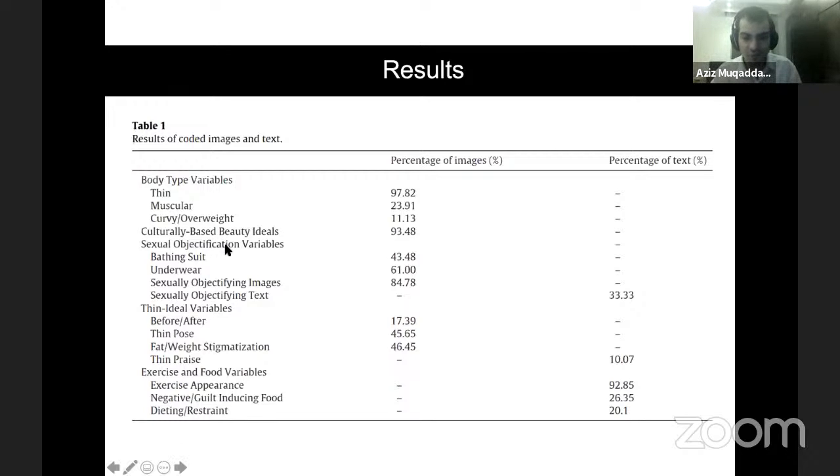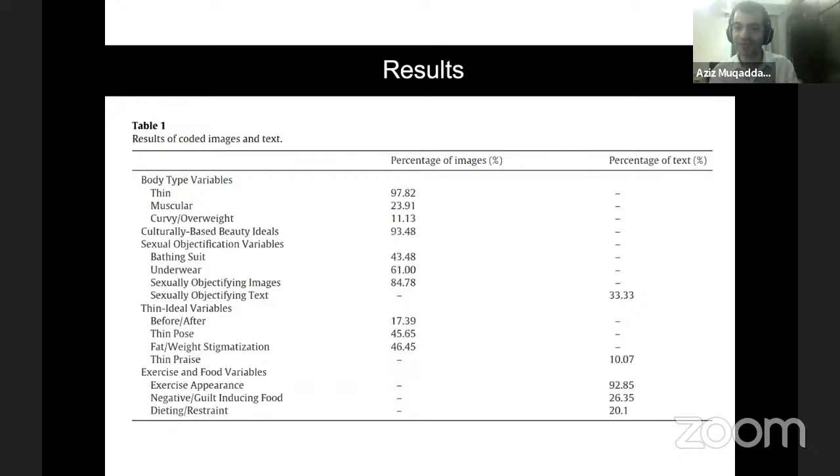Sexual objectifying variables: about 43 and a half percent had women in bathing suits, about 61 in underwear. So the total would be 43 and 84 with redundant images. Obviously you can have an image with a woman in a bathing suit and underwear at the same time. But the total of sexually objectifying images was about 85%, according to the way it was defined by the authors.